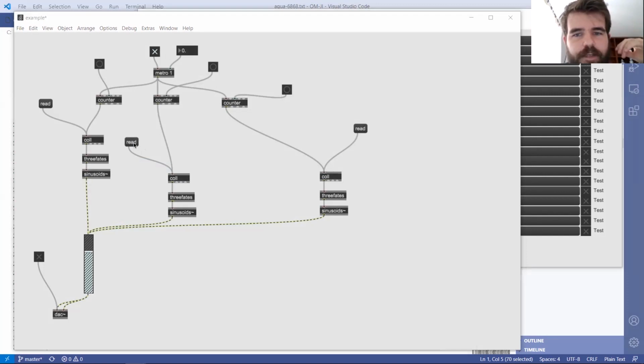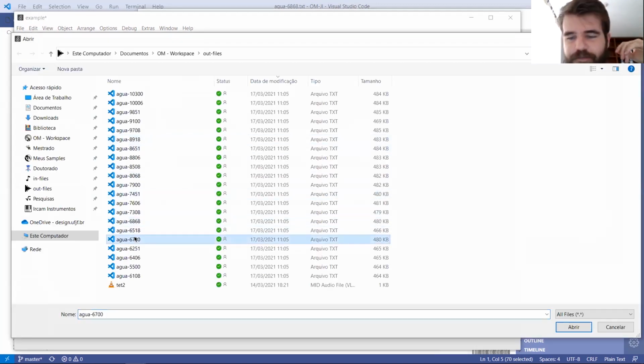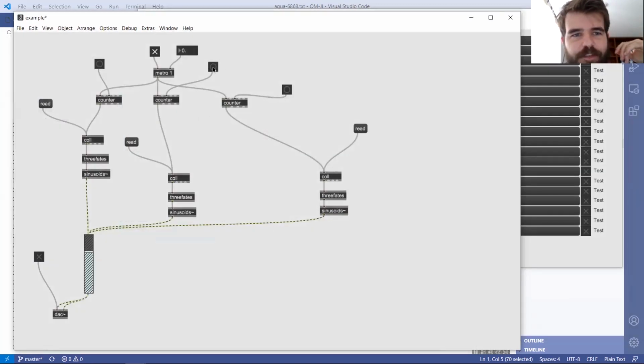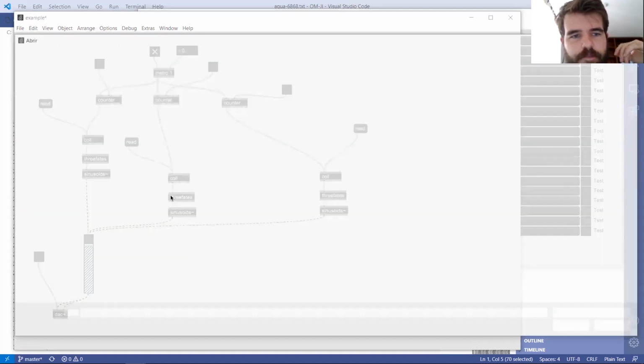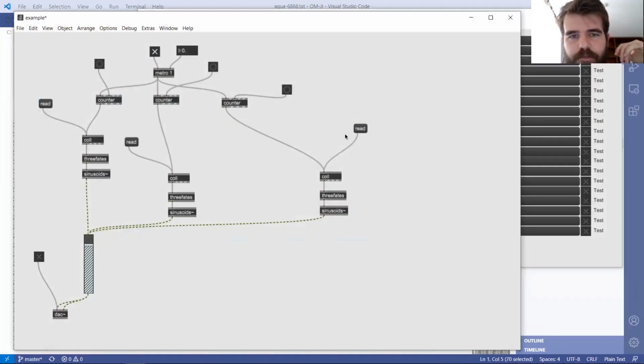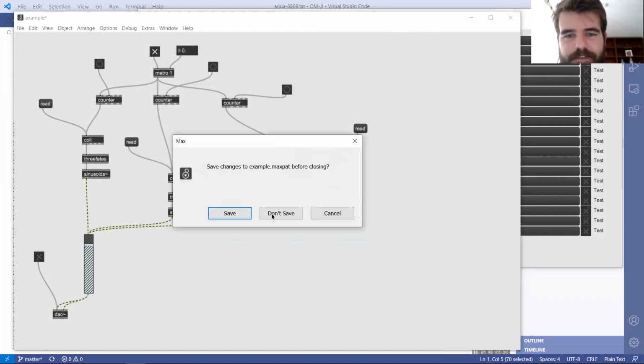So what I was thinking is to make a lot of texture with this kind of music, this kind of thing. Yeah, it's really interesting.